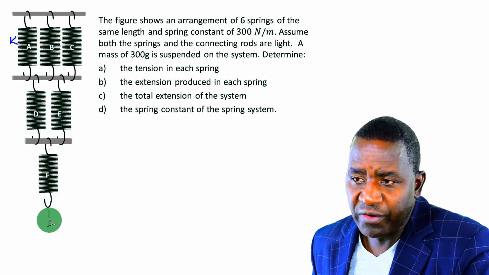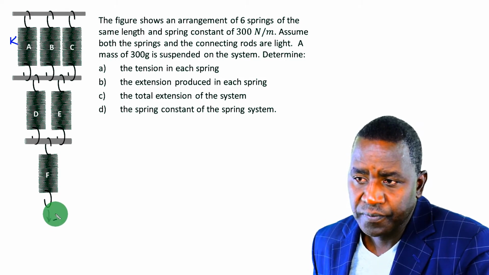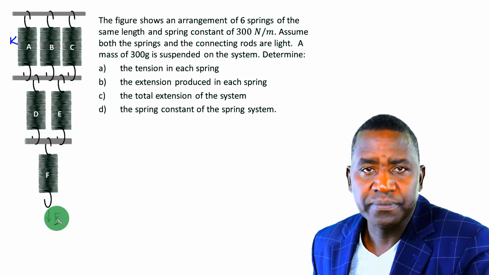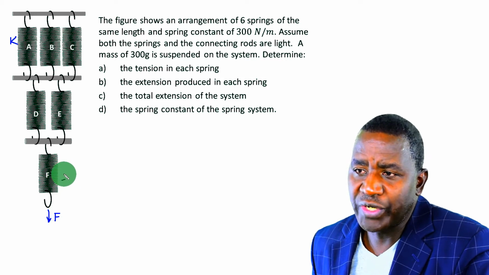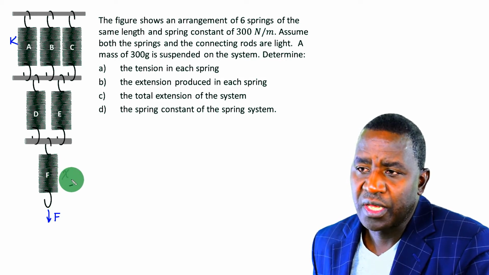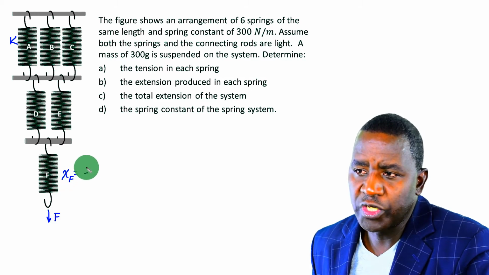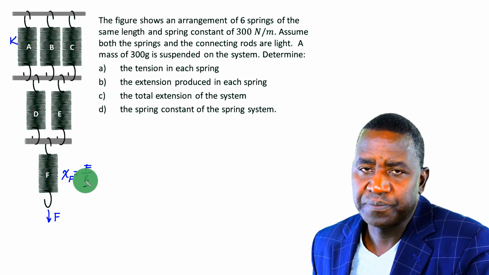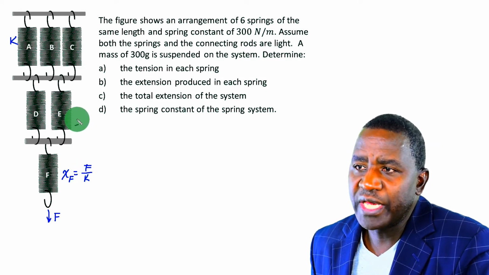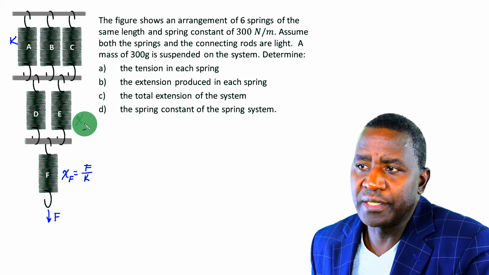The force we suspend over here will just be F. So the extension I get at this point, X in spring F, is going to be equal to the force divided by K. How about the extension I get in D?